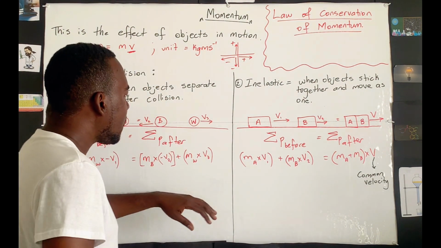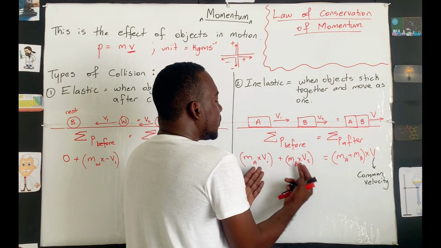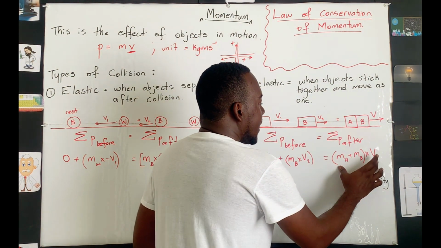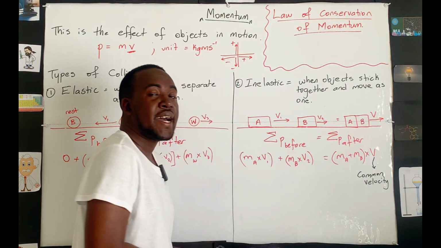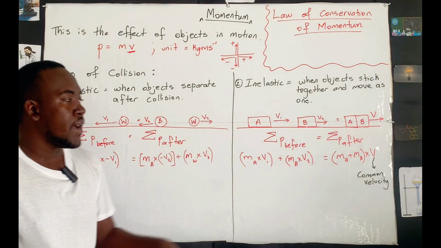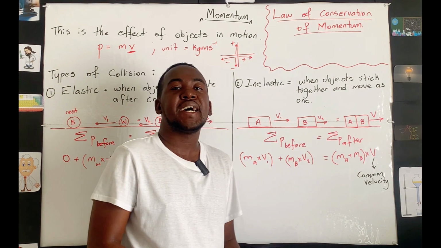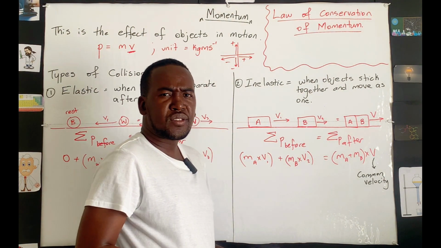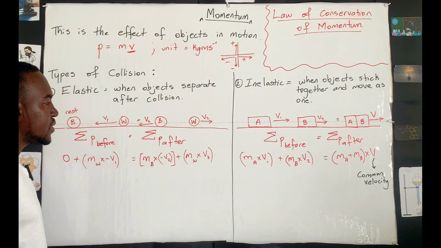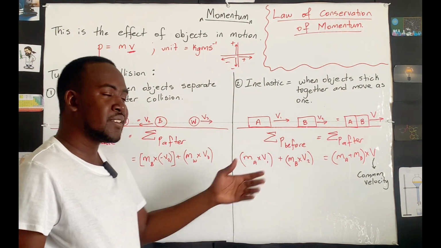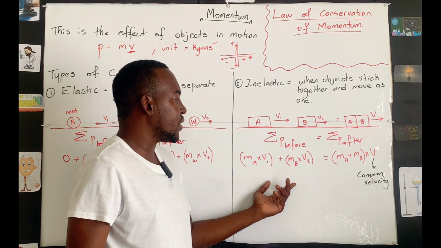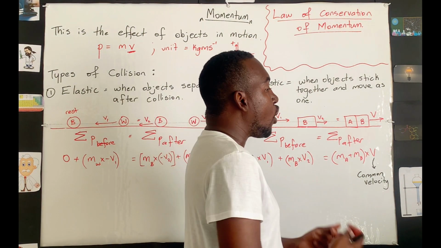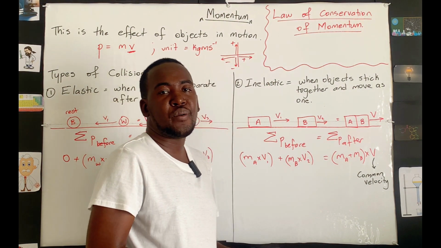And here we see that the total momentum before the collision of A and B will be equal to the total momentum after collision, which is when we add A and B masses together and multiply by the velocity that they're moving at. Alright, so for any different situation, we should be able to create an equation for the collision and use that equation to generate an unknown quantity based on the question.